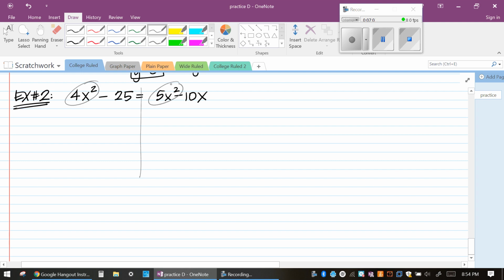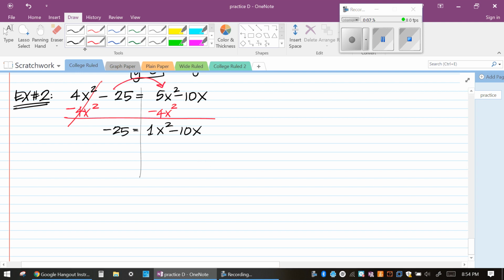Because there are quadratics on both sides, we are going to cancel the smaller one, which means that I'm going to be collecting all the terms on the right side. Be careful, because you have a negative 25 that you have to bring down. Since I moved the quadratic term to the right side, that means everything has to go to the right side. I'm going to cancel the negative 25 with a positive 25.